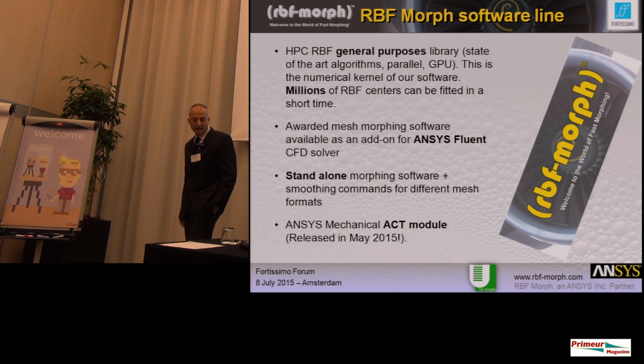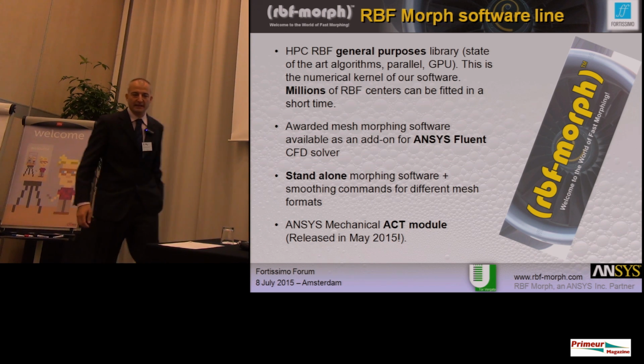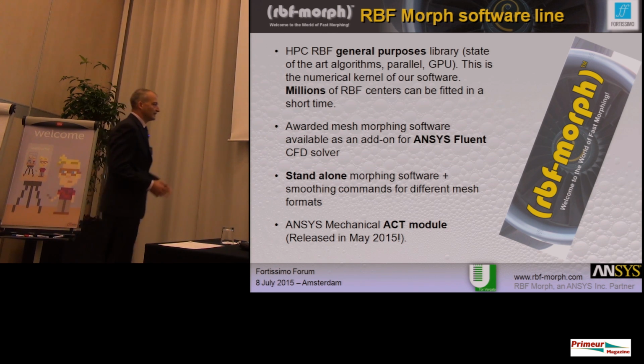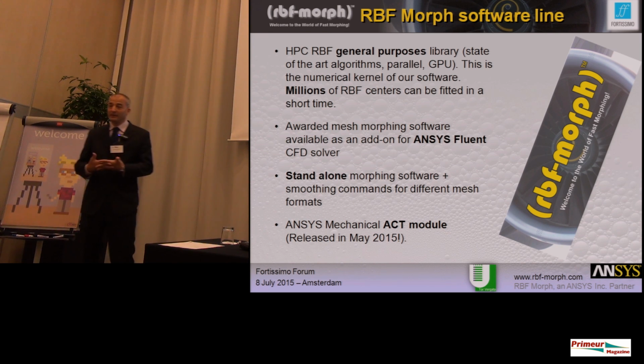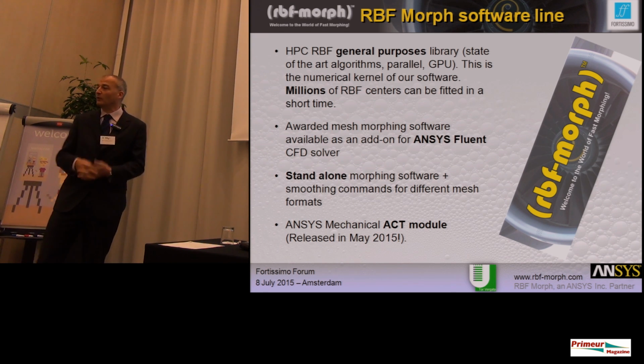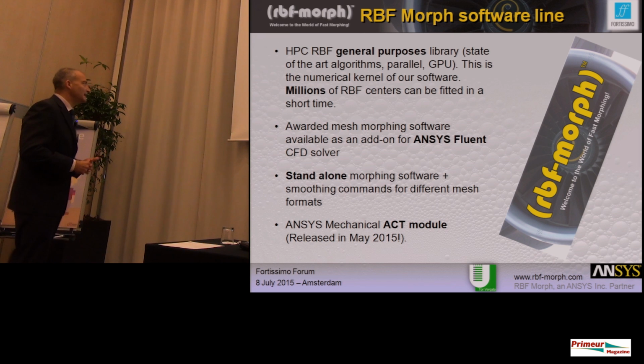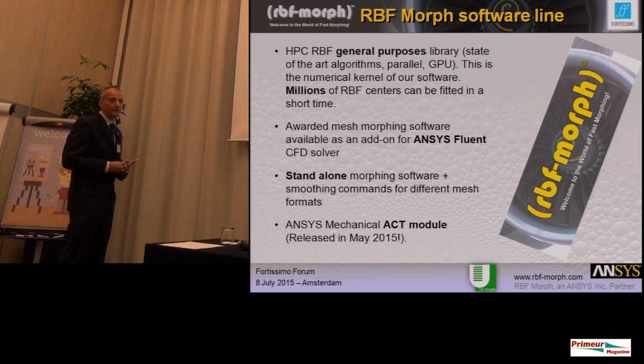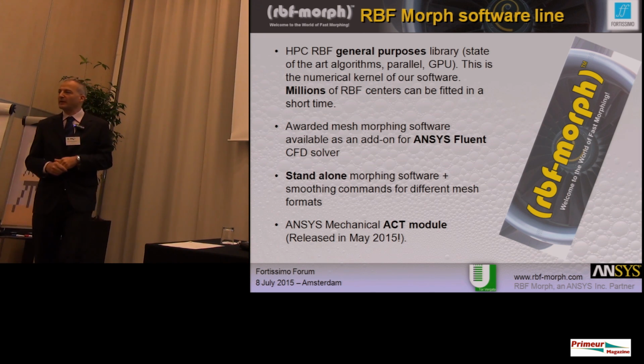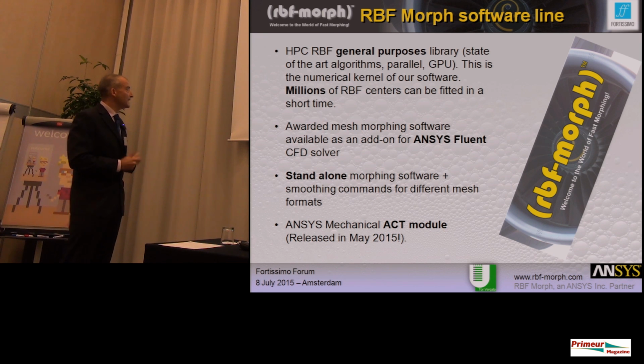This technology today is available as an HPC radial basis function library that is the heart of all of our software line, and is deployed in 3 different solutions. The one that is used in our experiment Fortissimo is the ANSYS Fluent add-on.